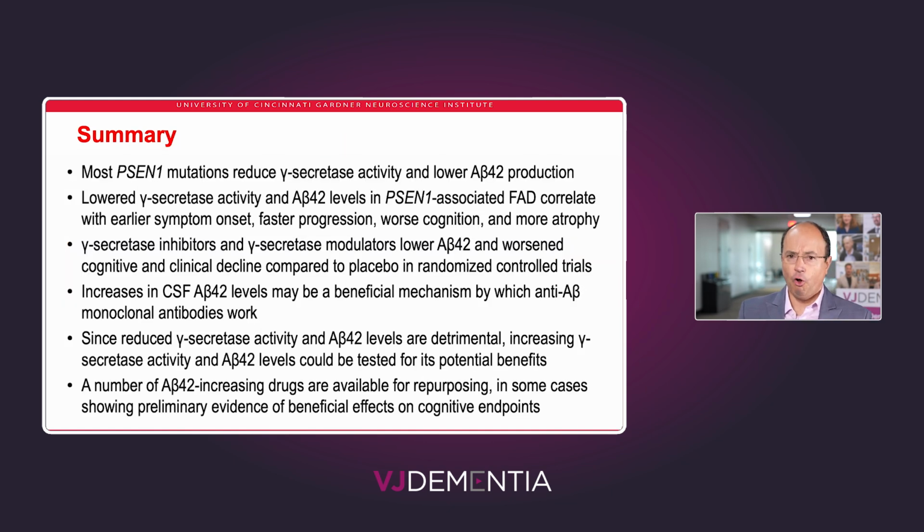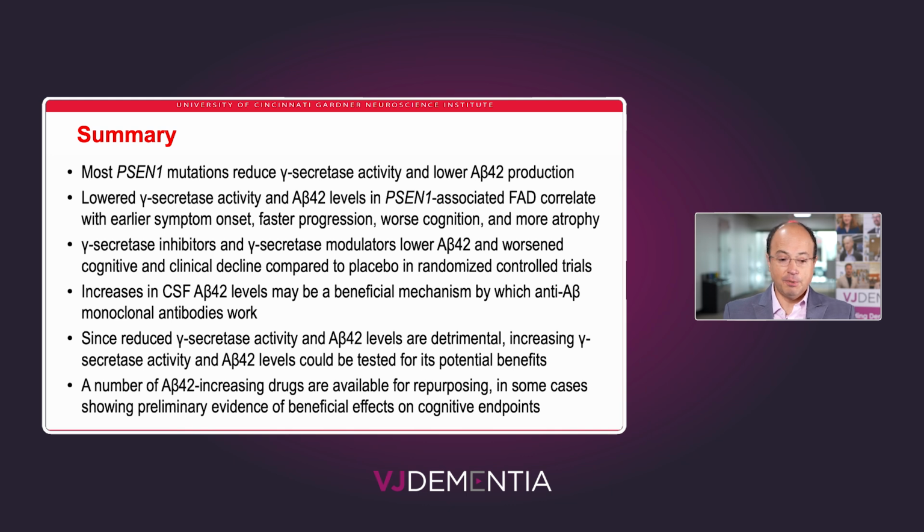So, in summary, I hope to have presented here some evidence to conclude that most presenilin-1 mutations reduce gamma-secretase activity and lower A-beta-42 production. That lowered gamma-secretase activity and A-beta-42 levels in presenilin-1-associated familial Alzheimer's disease correlate with earlier symptom onset, faster progression, worse cognition, and more atrophy.